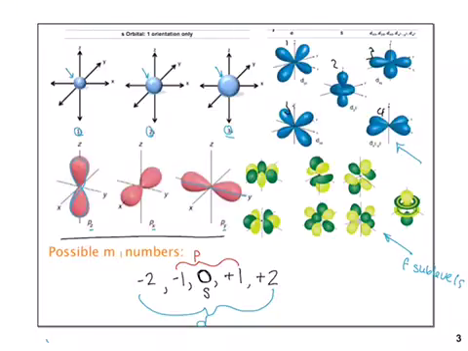Then your F sublevel has 7 possible shapes, and so we have the -3 all the way up to a +3. And now this whole range would encompass your possible magnetic numbers for your F sublevels.